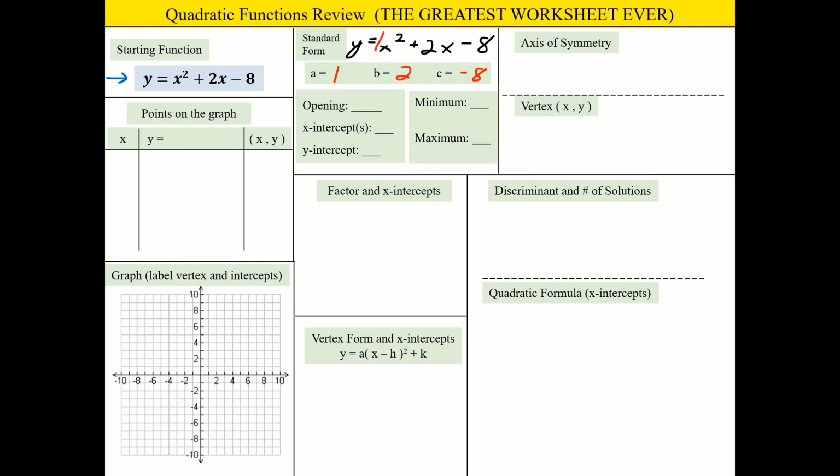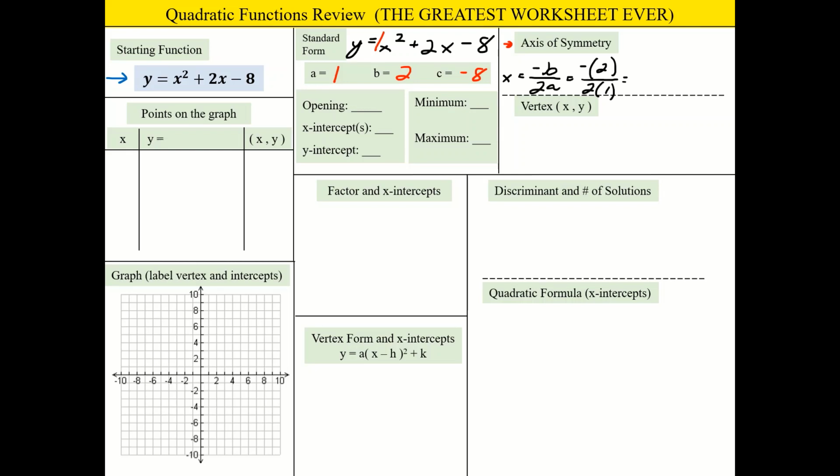All right, I'd like to move in next to the axis of symmetry. The formula for the axis of symmetry was that the x value is equal to the opposite of b divided by 2a. So we substitute. b is 2, so that becomes -2, over 2 times 1.